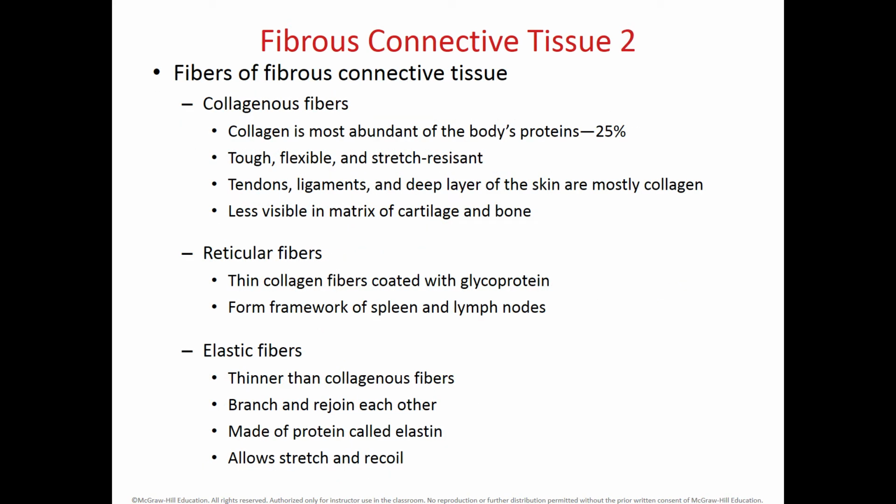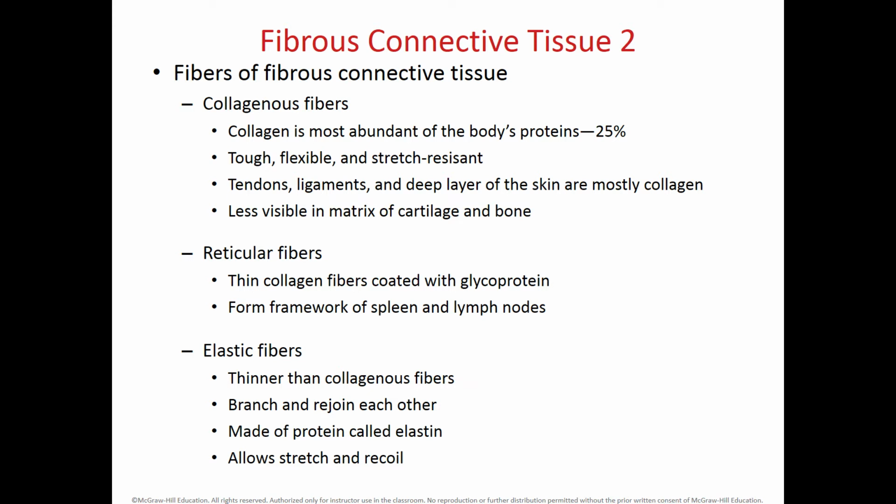So what are the fibers of connective tissue? The fibrous connective tissue has collagen fibers, which are tough, flexible, and stretch resistant. And collagen is actually the most abundant of the body proteins, so 25% of the body proteins are collagen.